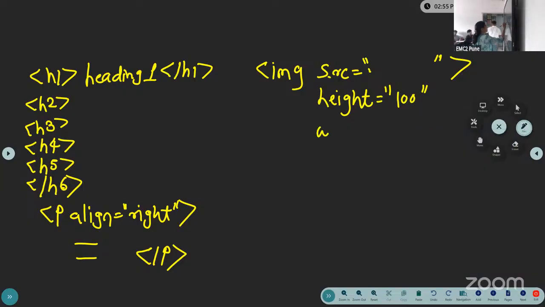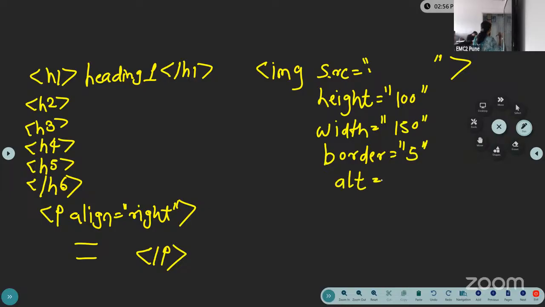Height. Next is width. And the next is border. And the last is alt, which is also an important attribute for alternate text.